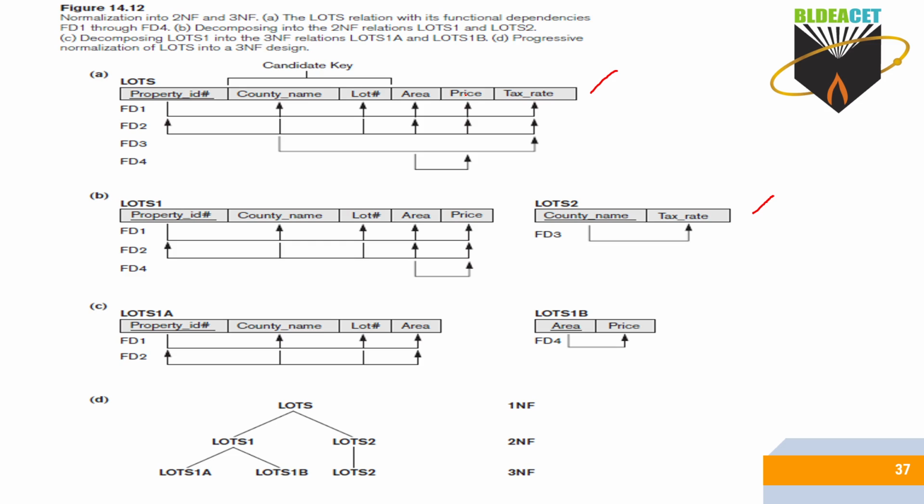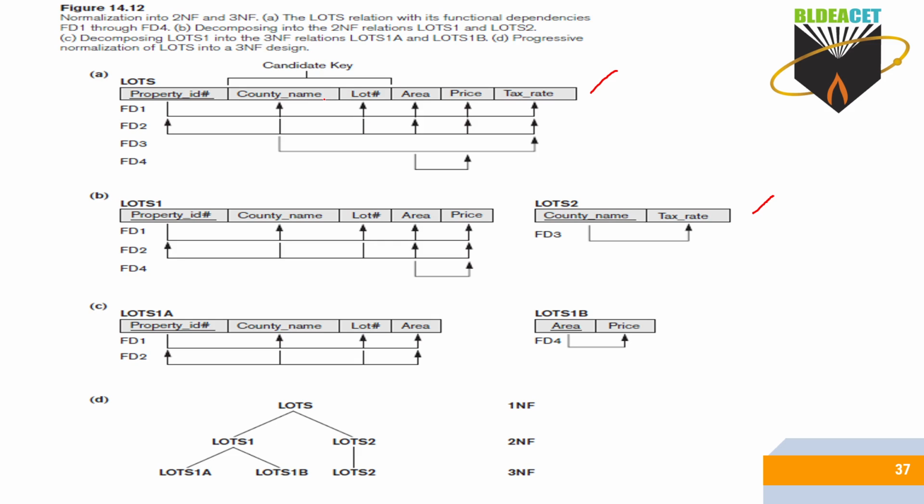This price depends on area, and this area depends on property ID, so you apply the transitive dependency, and based on it you say that price depends on property ID. Now, is price a prime attribute, a member of the candidate key? No, it is not a member of the candidate key.